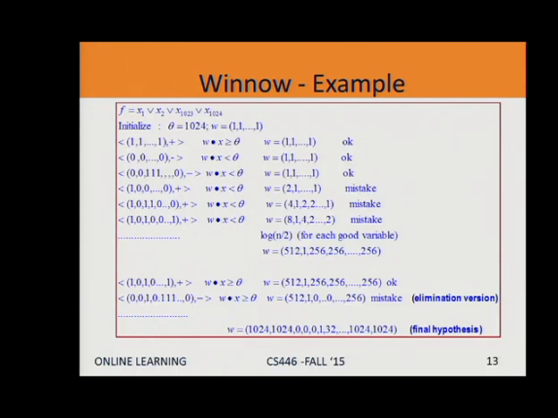Notice that after log n, or log n over 2, examples like this, this guy is going to be 512 already because I'm doubling it. After 9 times, it's going to be 512. After the 10th time, it's going to be 1024.